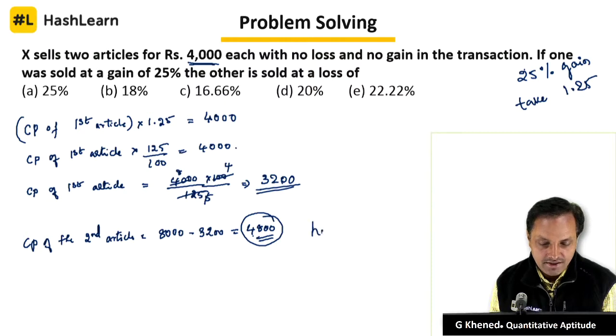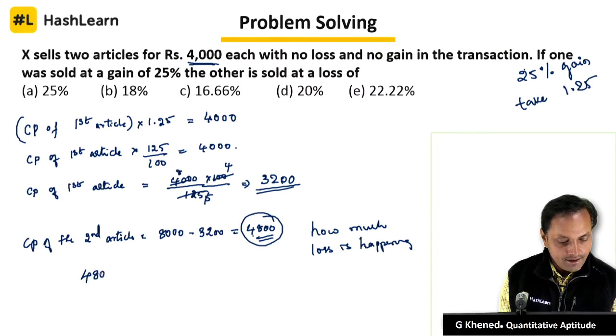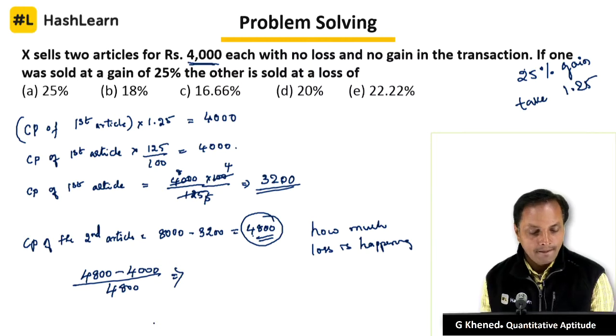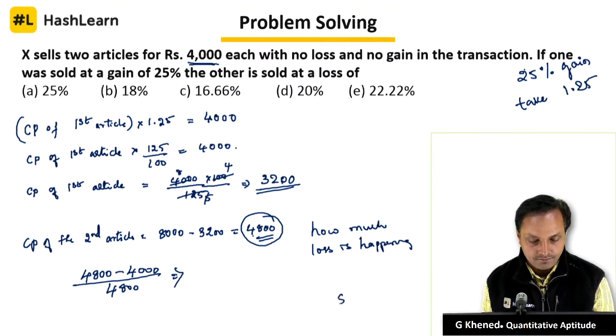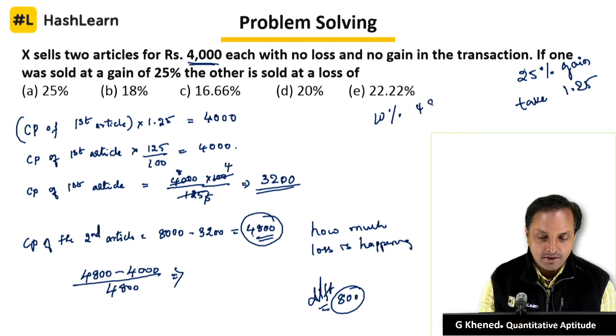How much loss is he making? Very simple, 4,800 minus 4,000 divided by 4,800. I will just tell you a simple way. There is a difference of 800 rupees. What is 10% of 4,800? 480 rupees. What will be 20%?